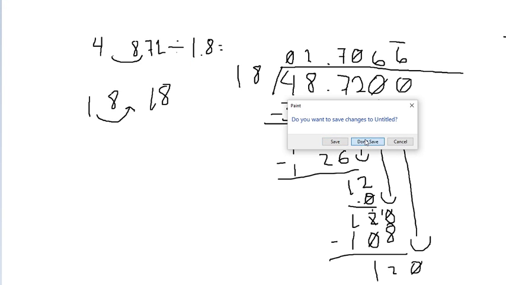And then next we are going to do some adding of decimals. Pretty easy. So we do 4.628 plus, say, 1.2.